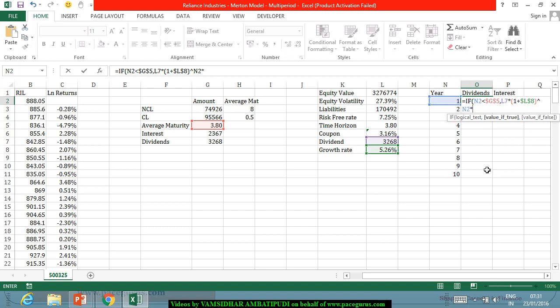Now that dividend I want to accrue using the risk-free rate of return, e power RT. So R I am taking as the risk-free rate of return.